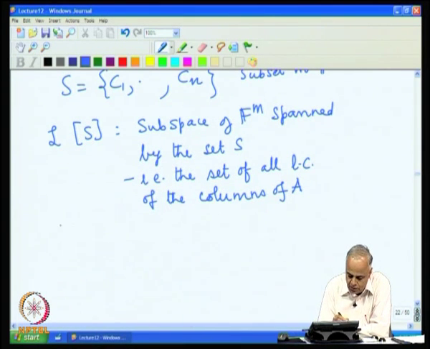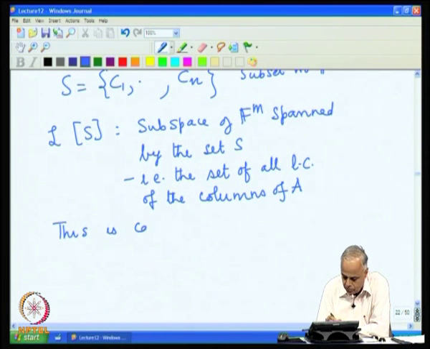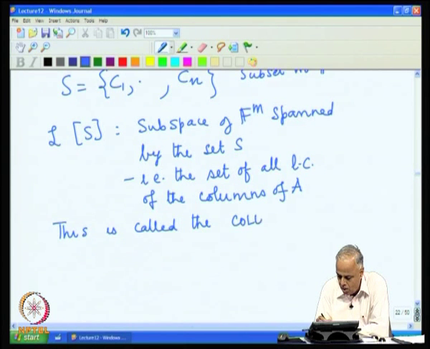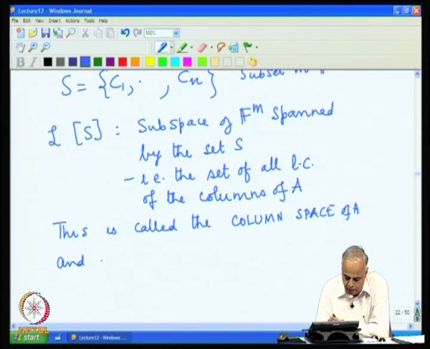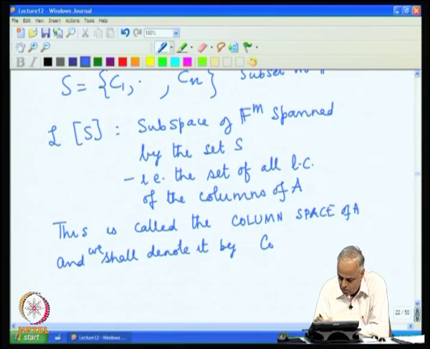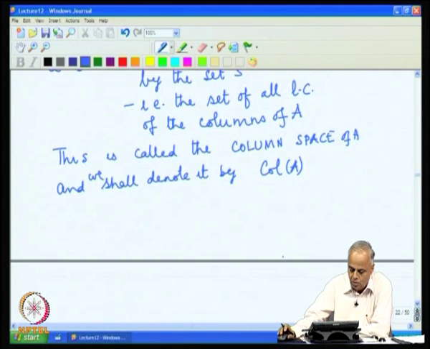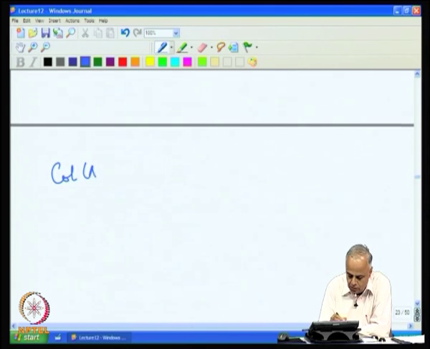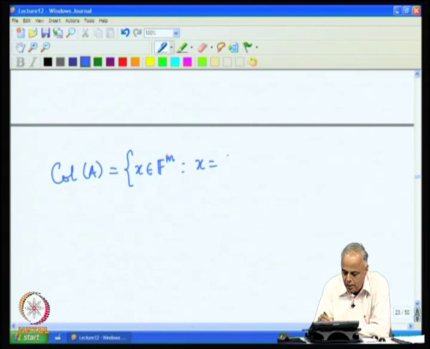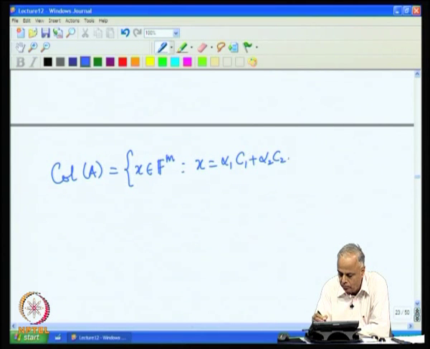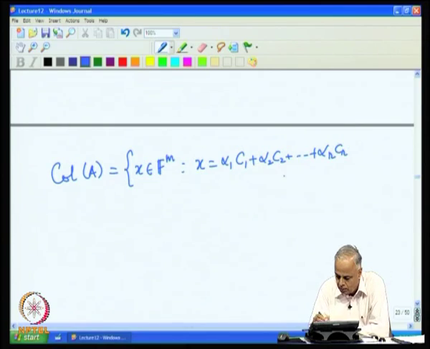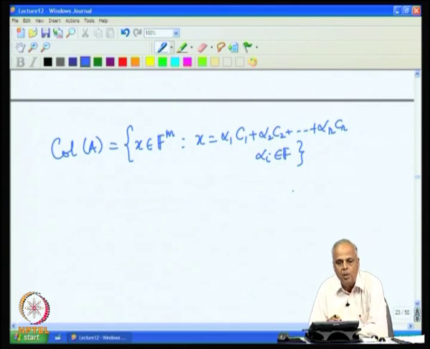So, let us write it as, this is called the column space of A, and we shall denote it by col A, column space of A. So, what is col A? Col A is the set of all vectors in Fm which are linear combinations of the columns of A, where the alpha i's are in F for 1 to n.